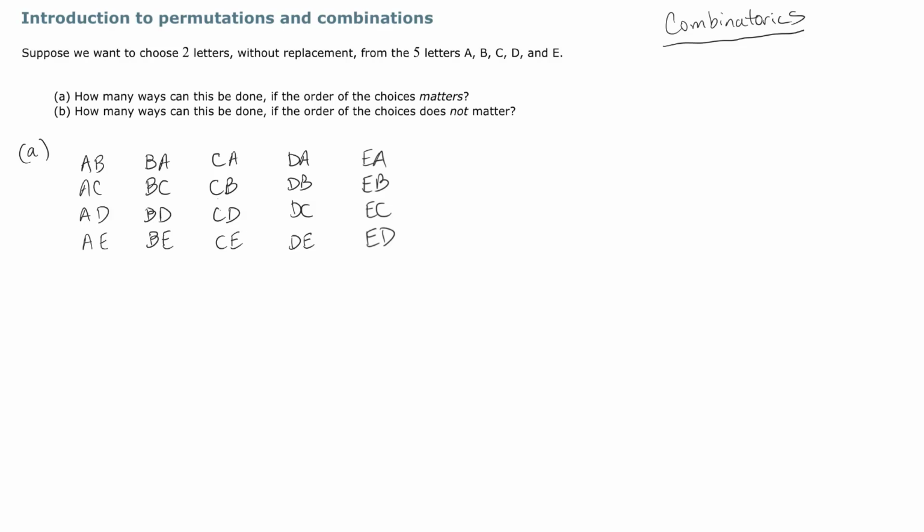And notice you have counted all the orderings of choosing 2 from this sample size of 5. So altogether, how many possibilities are there? In other words, how many different permutations are there? We have 5 columns and, of course, 4 in each column. So there's 20 possibilities.